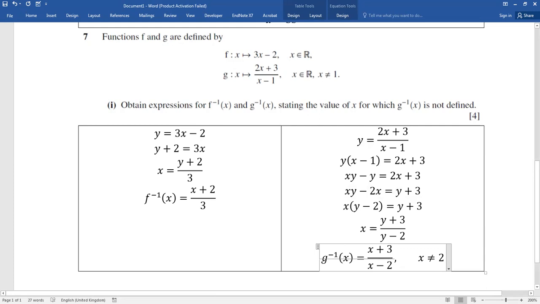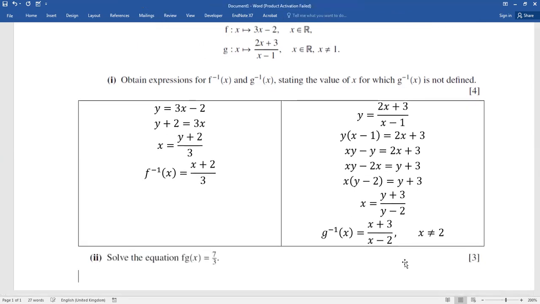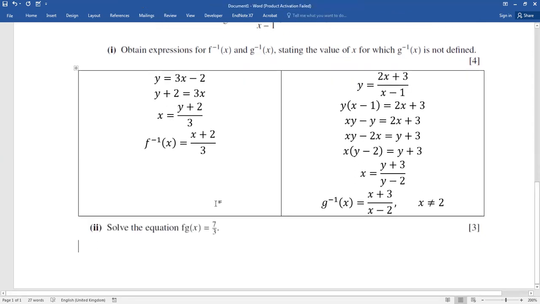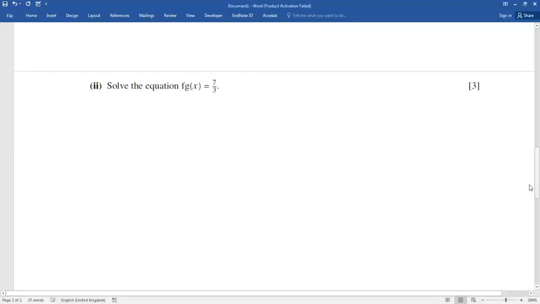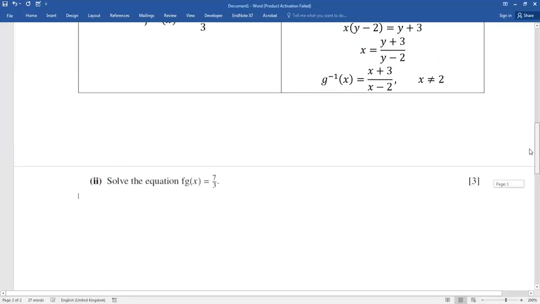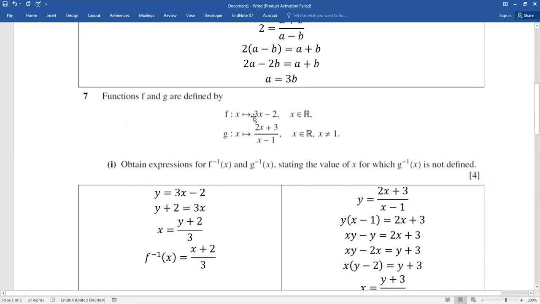The next part says fg(x) is equal to 7 upon 3. Okay, so fg(x) is equal to 7 upon 3. What do I need to do?